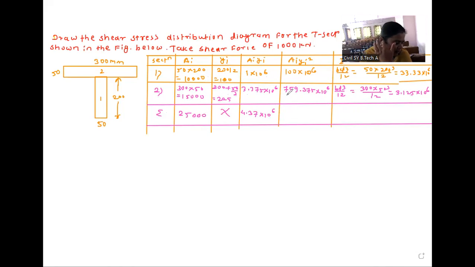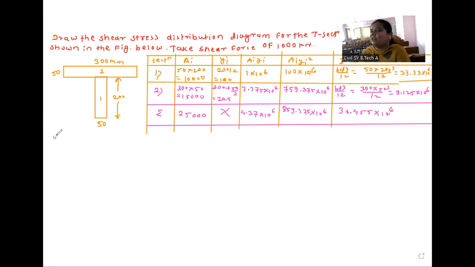After that, summation of ai yi square is 859.375 into 10 raised to 6. After that, summation of I self is equal to 36.455 into 10 raised to 6.